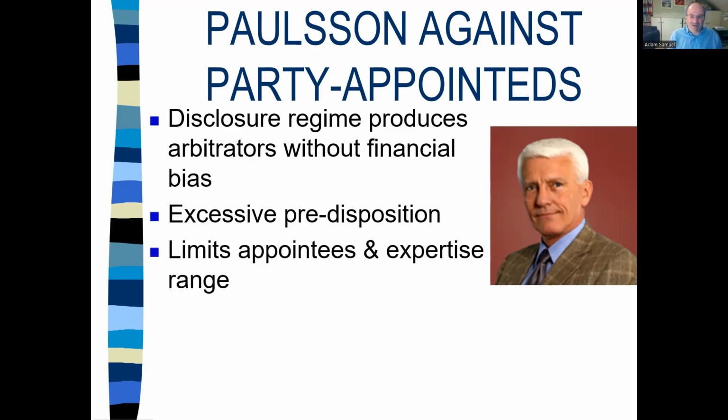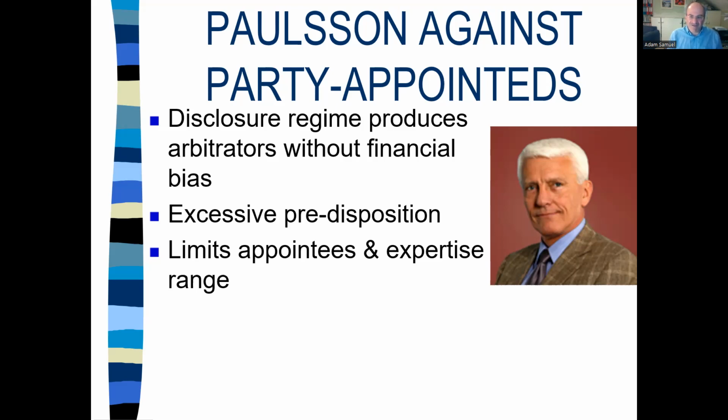The other point that Jan makes is that allowing parties to appoint their own arbitrators, leaving aside the rules on bias, tends to produce a small pool of potential appointees as parties try to have arbitrators with lots of experience of the relevant procedures who are going to influence the other arbitrators in favor of the appointeur's viewpoint.